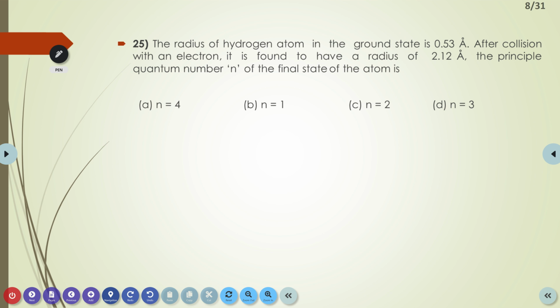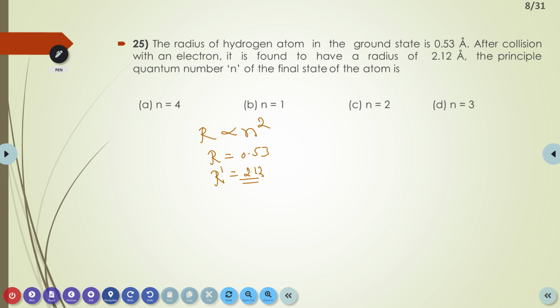You have to use the relation between the radius and n. R is directly proportional to n square. This formula you have to use. R is 0.53, and R dash is 2.12.